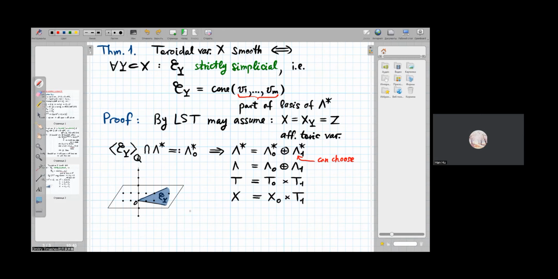So the coordinate algebra of X is the direct sum of eigenspaces corresponding to eigenweights in the dual cone. Let me denote this cone just by C for brevity, like this.